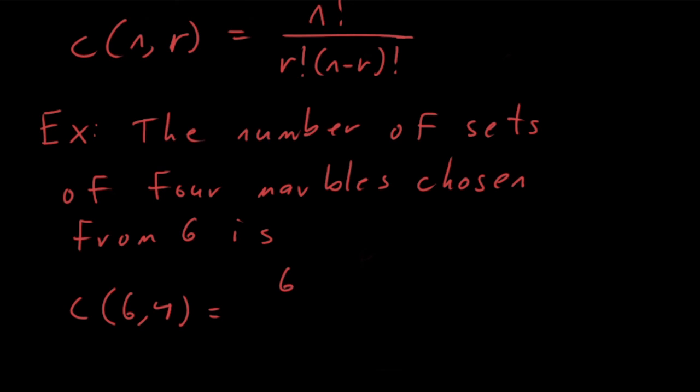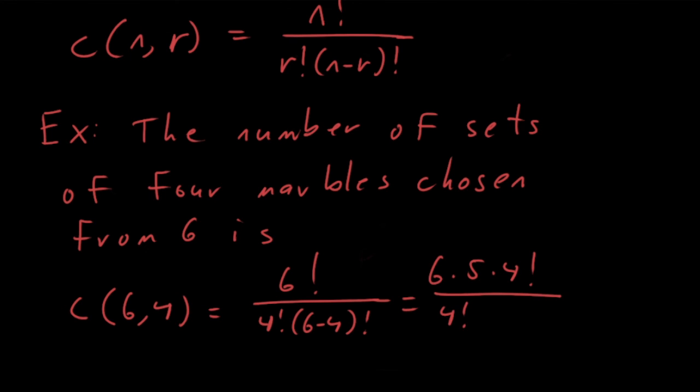It's going to be 6 factorial over 4 factorial, 6 minus 4 factorial. We can see that I'm going to go up to 4 here. 4 factorial, and this will be 2 factorial. The 4's cancel. We know that 2 factorial is 2. So 6 times 5 over 2, which is equal to 30 over 2, which is equal to 15.